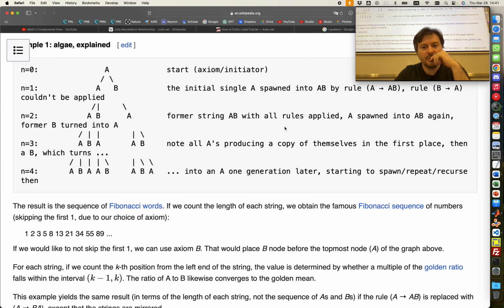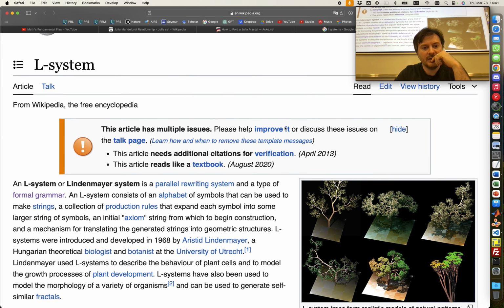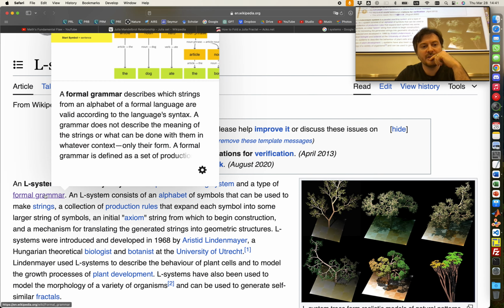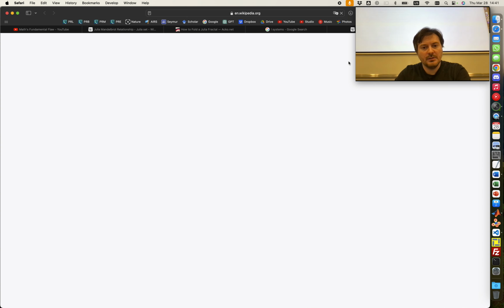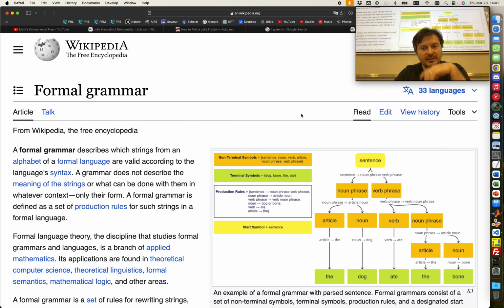So what I want to talk about, for example, is formal grammar. Basically, Noam Chomsky figured out the origins of our language, right? If you remove all this Frenchness, Englishness, Germanness, whatever, what remains?